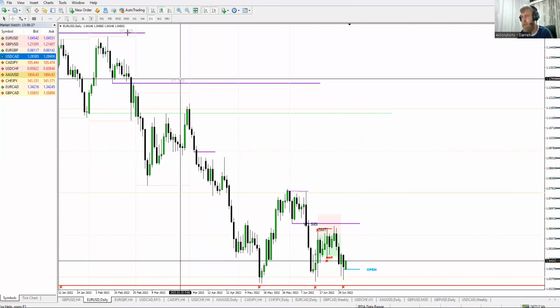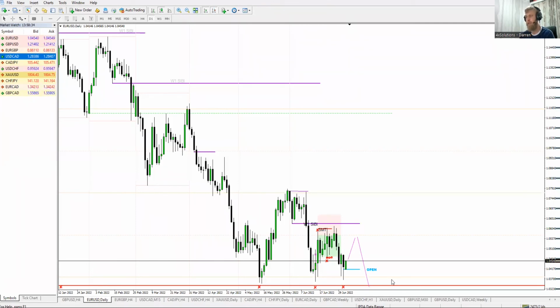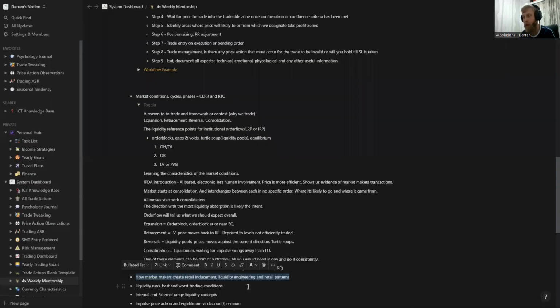And then basically price sort of just does that, goes up higher, and then only to crash down back into the liquidity over there, because it is inducing people to take trades based off of support and resistance, supply, demand, trend lines, whatever else they see, I don't know, head and shoulders or whatever they're seeing. And that is an inducement by the market makers, because the market makers are the only ones who can move price.